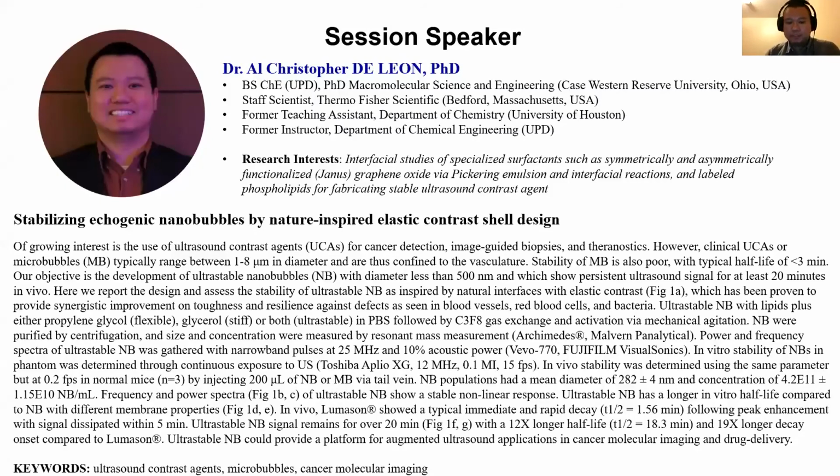We're done with mouse, so they're doing rabbits now. I think the next step would be to go to dogs and then to bigger mammals. In terms of commercialization, they need to get FDA approval first before they can do human testing. But in terms of stage, they are doing animals bigger than mouse.